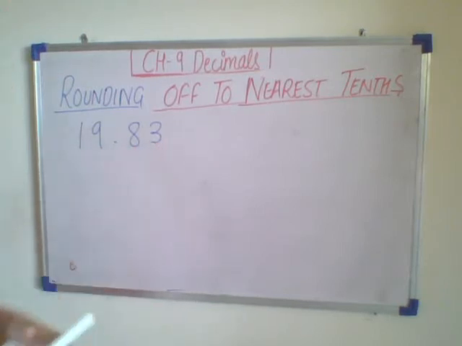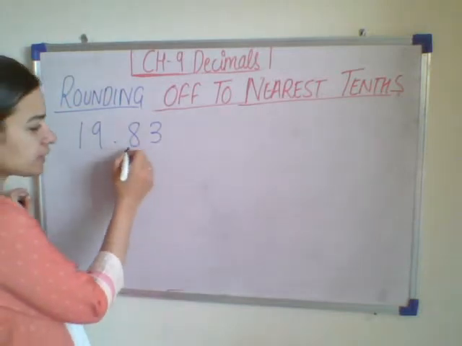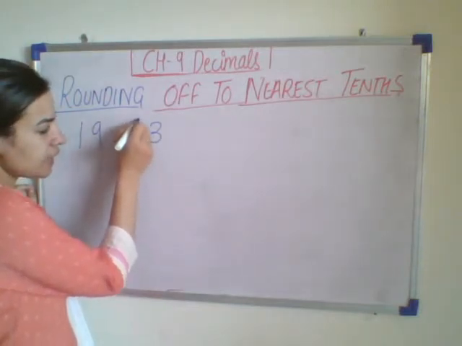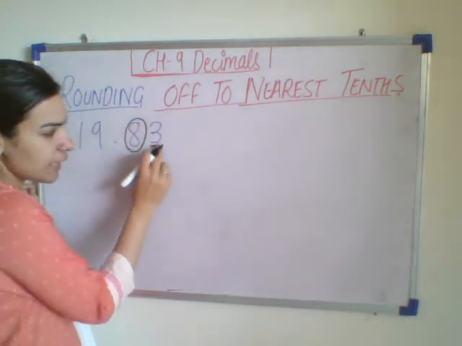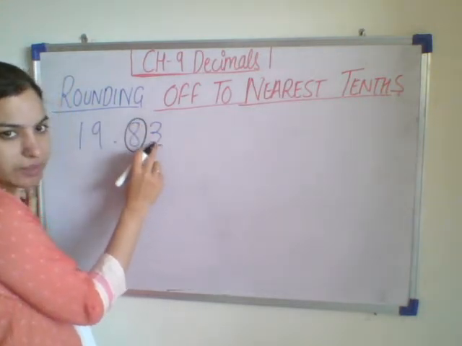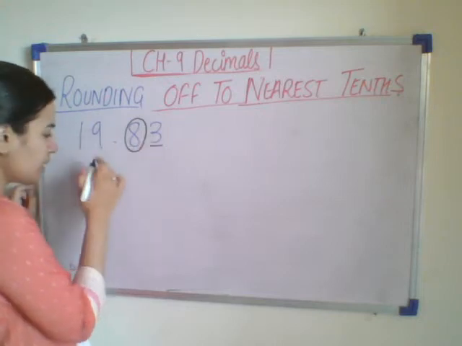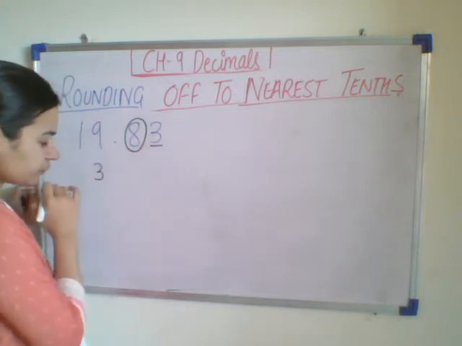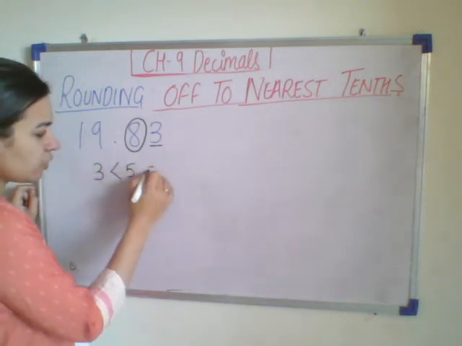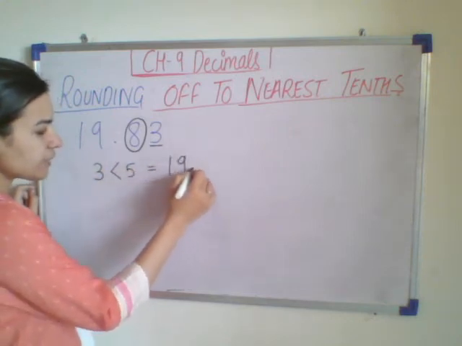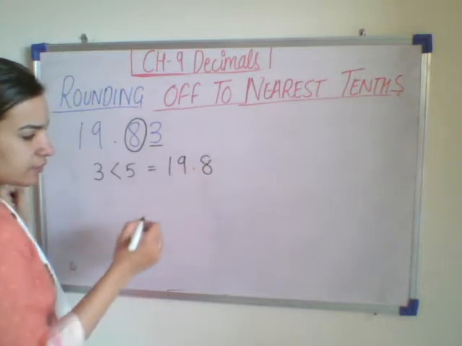So first of all, what is the digit at the 10th place? This 8. 8 is there at the 10th place. So we will examine the digit which is next to this. What is this place value? Hundredths. Now this 3 is smaller than 5. So we will be writing this as 19.8.